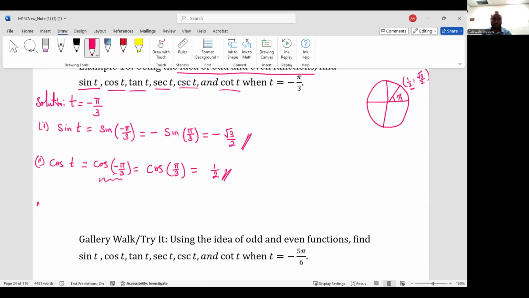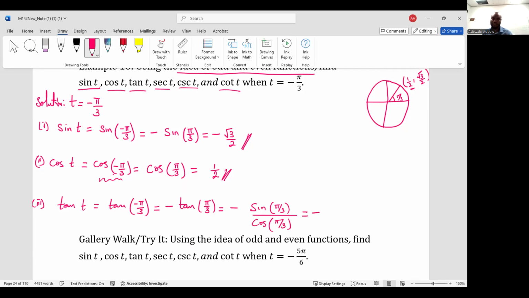The next one, let's say tangent of t, which is tangent of negative pi over 3. And since tangent is an odd function, that is negative tangent of pi over 3, which is negative sine of pi over 3 divided by cosine of pi over 3.